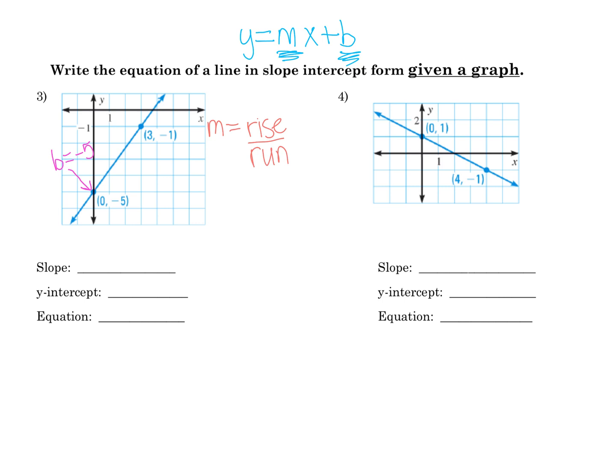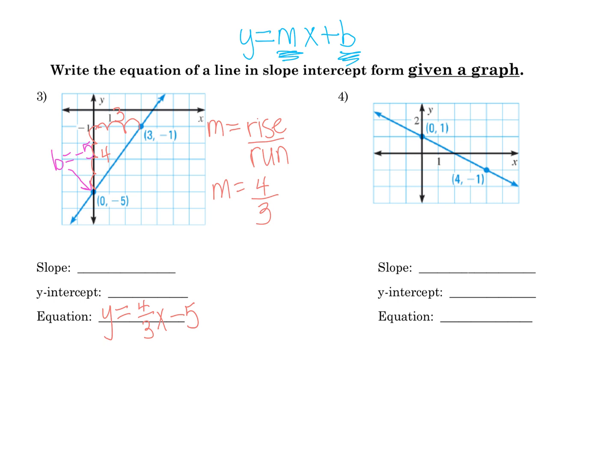So let's count the jumps: 1, 2, 3, 4, and then to run, 1, 2, 3. So we had to go up 4 and then to the right 3. So that means my slope is a rise of 4 over a run of 3, and that's your slope. So then my equation is going to be y equals 4/3 x minus 5.